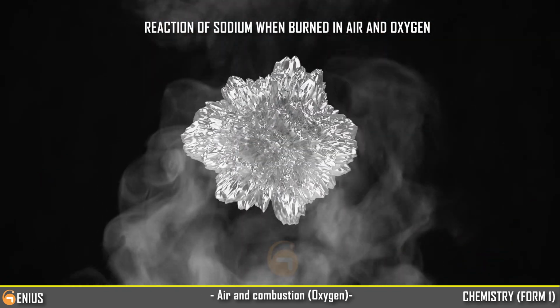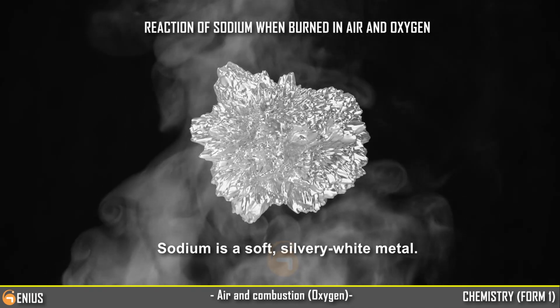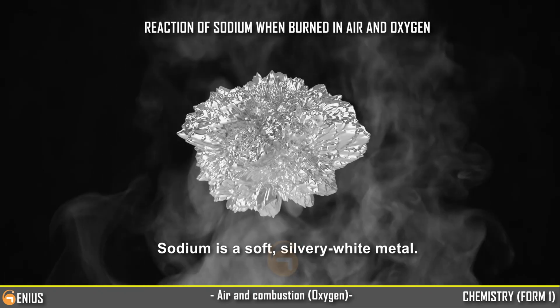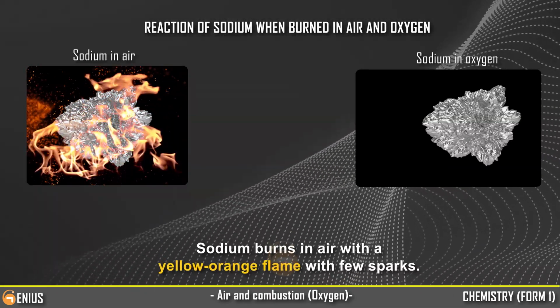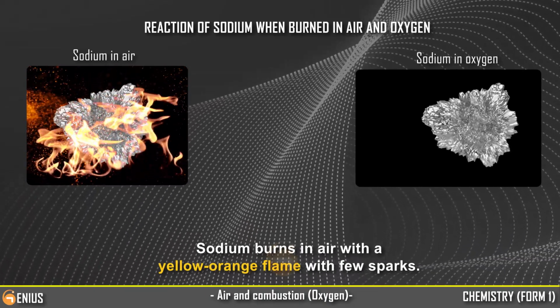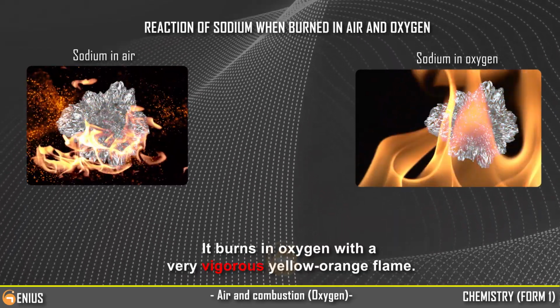Reaction of sodium when burned in air and oxygen. Sodium is a soft, silvery white metal. Sodium burns in air with a yellow-orange flame with few sparks. It burns in oxygen with a very vigorous yellow-orange flame.